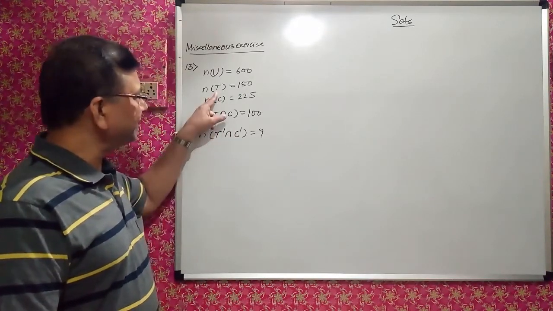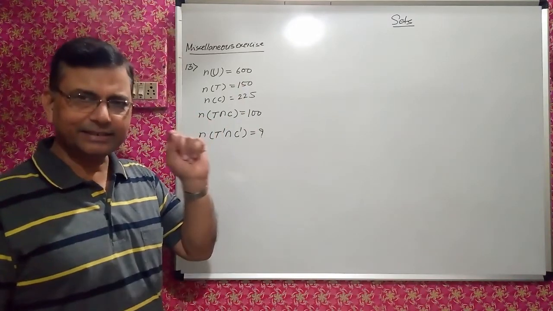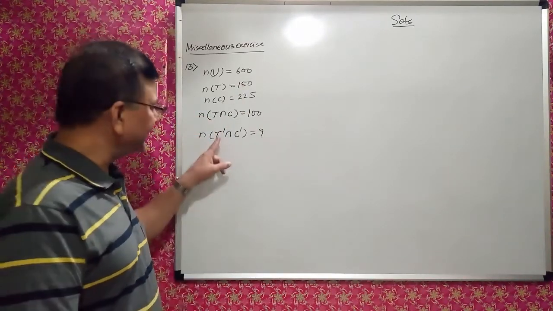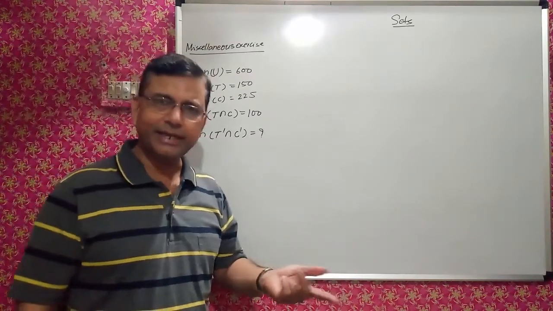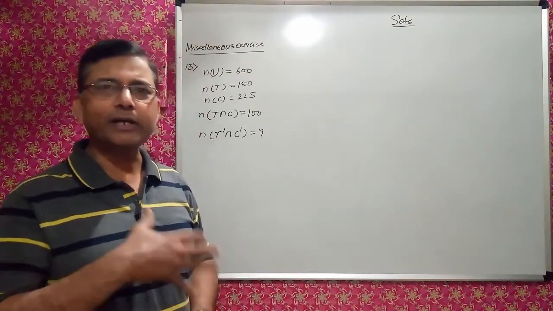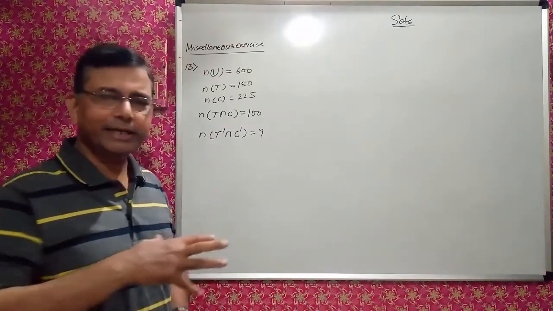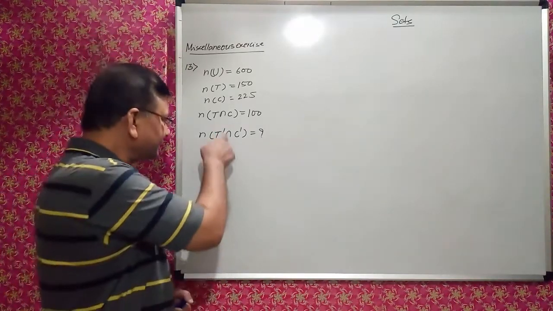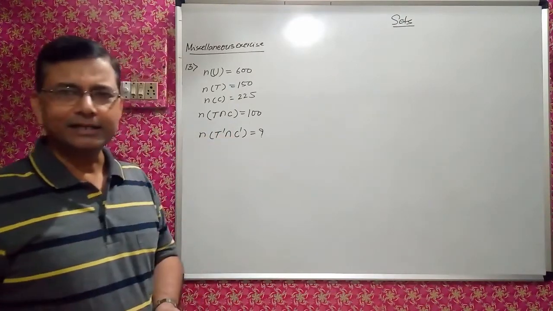T is the set of students taking tea. T dash means the complement of T, those who are not taking tea. And C dash means those who are not taking coffee. Intersection means neither tea nor coffee, right?